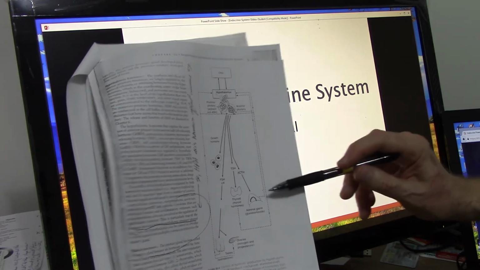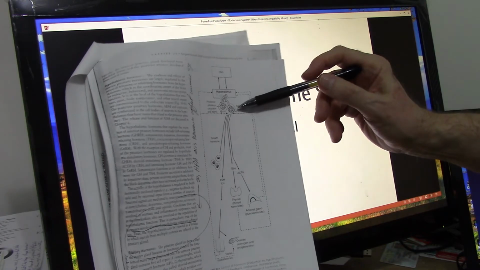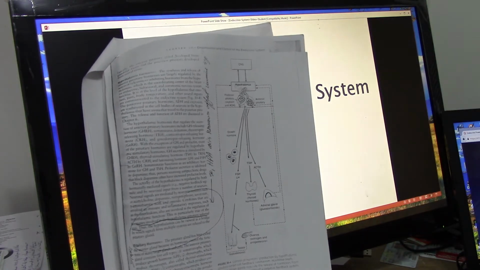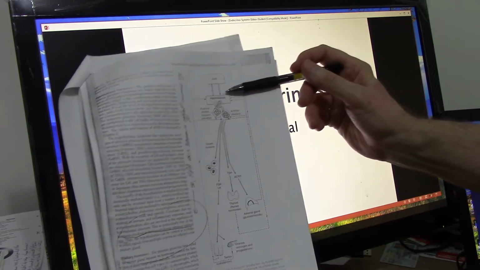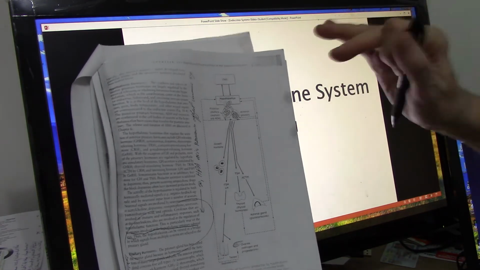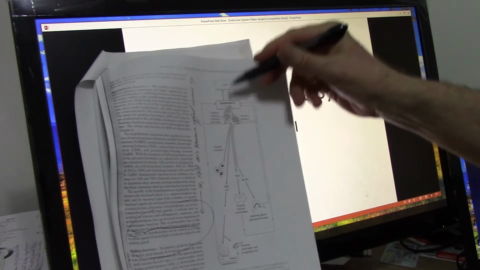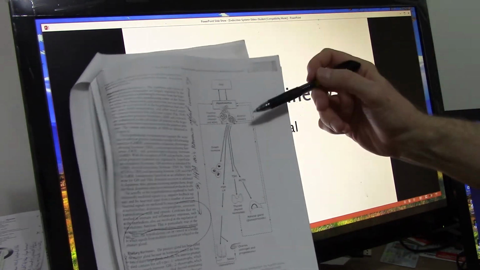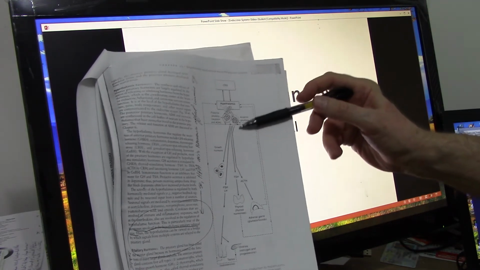Now, once that cortisol is circulating, it's going to come back up here, and the hypothalamus and anterior pituitary will detect that the level of cortisol has increased. And once the set point has been reached, the hypothalamus and the anterior pituitary are satisfied, that, hey, we've got enough cortisol now, then this will start to turn off the secretion of TRH.